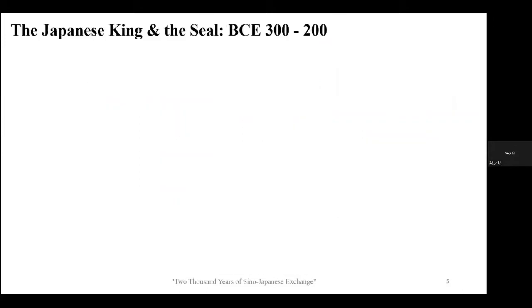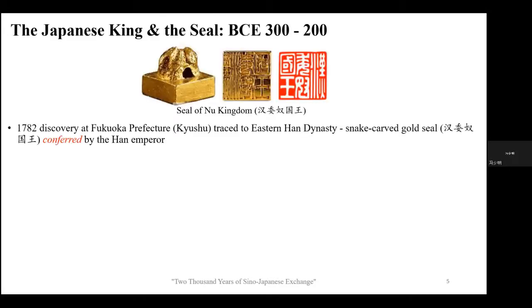And Mr. Reinosuke started the book with the Japanese king and the seal. And what's so special about this seal? It actually goes back to a 1782 discovery at the Fukuoka prefecture. And this seal, as you can see on the screen, was traced to the Eastern Han Dynasty. There is a snake carving on top, and the writing at the bottom shows that it is conferred by the Chinese Han Emperor.